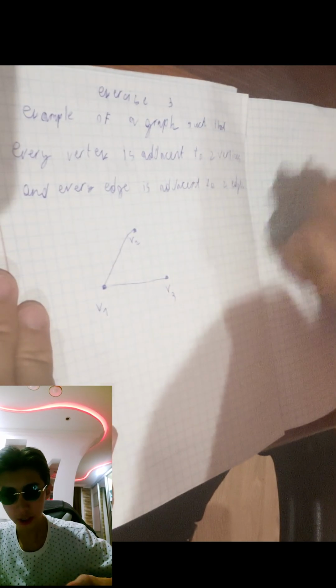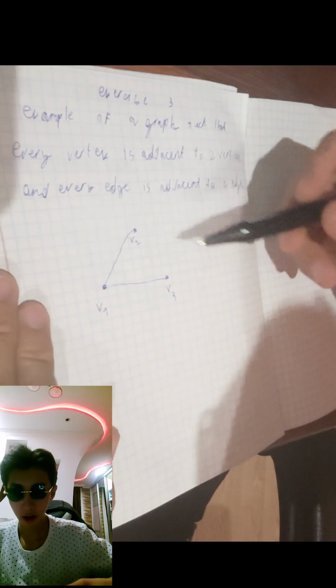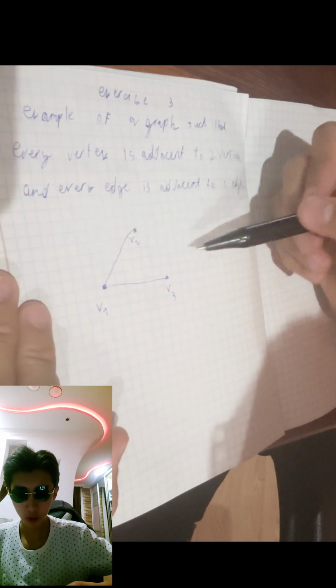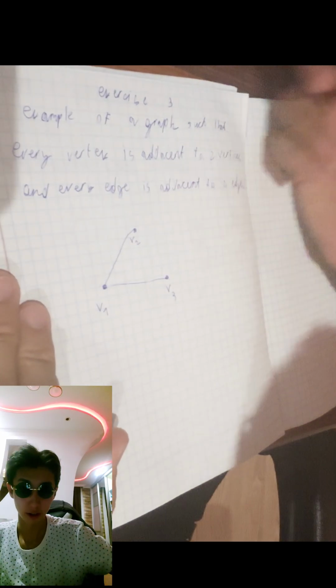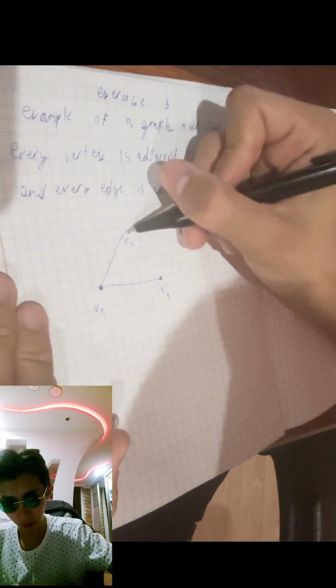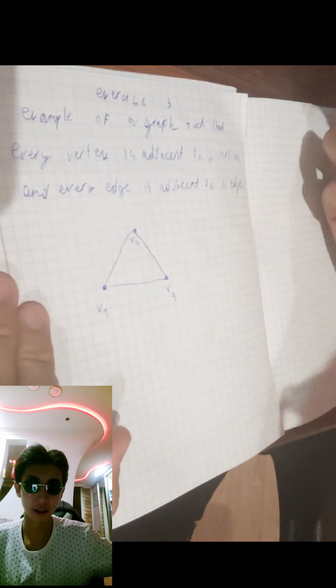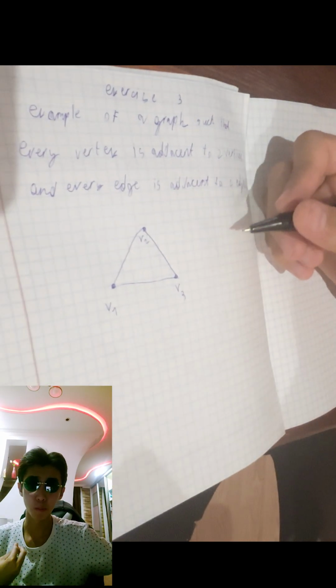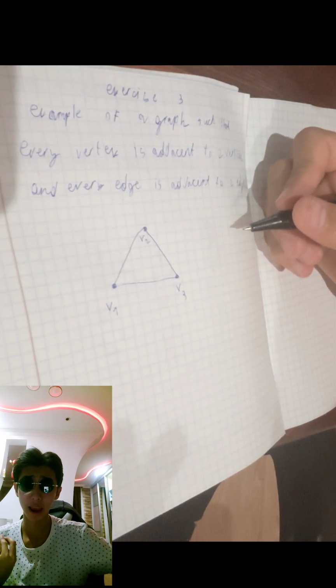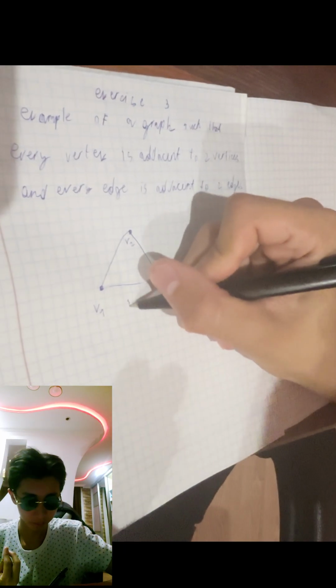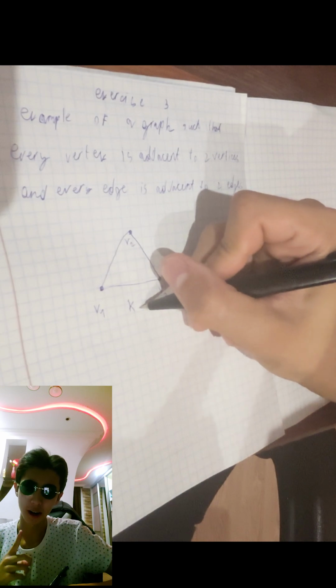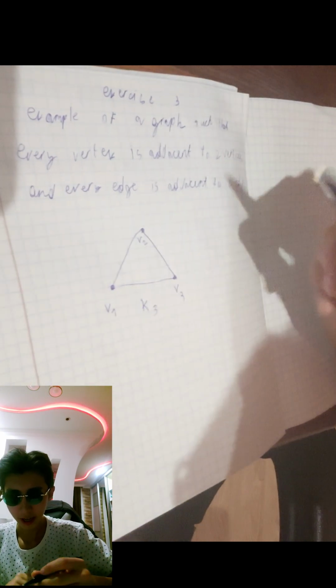And every edge is adjacent to two edges. Now we see V2 and V3 have no edge. Let's troubleshoot that. We see the triangle, which is K3.